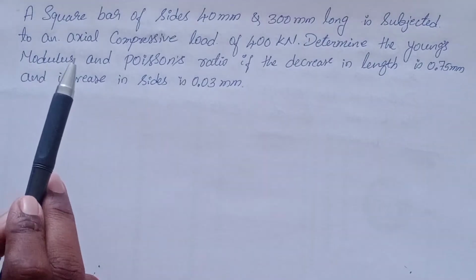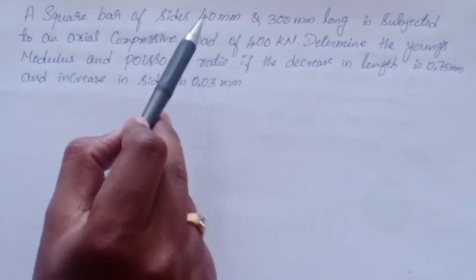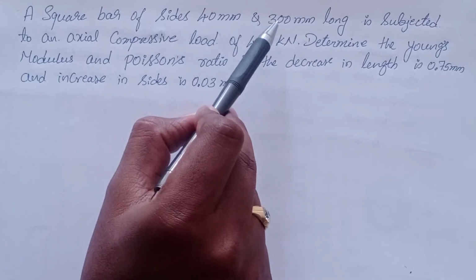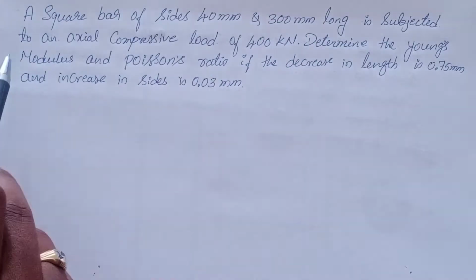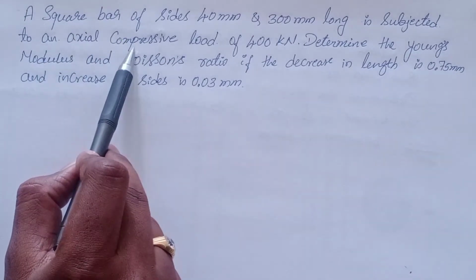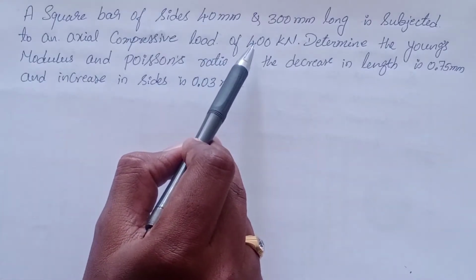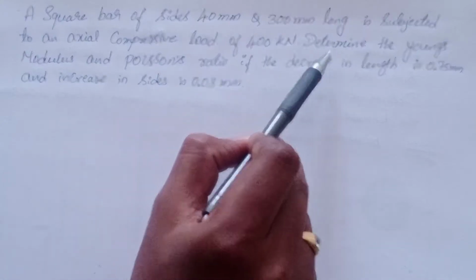A square bar of sides 40 mm and 300 mm long is subjected to an axial compressive load of 400 kN.